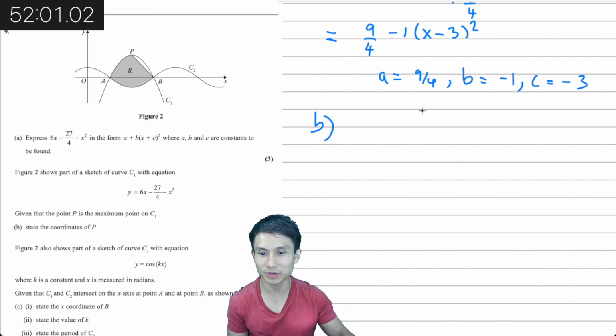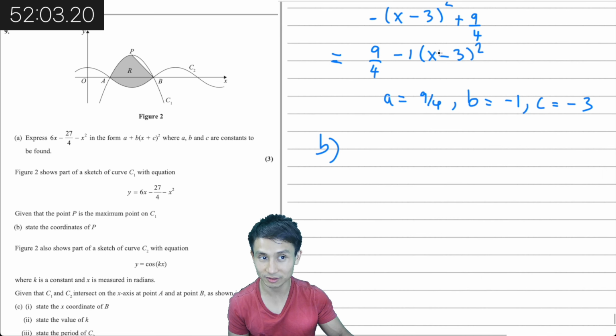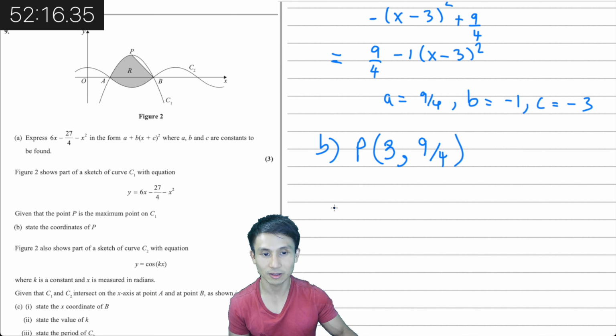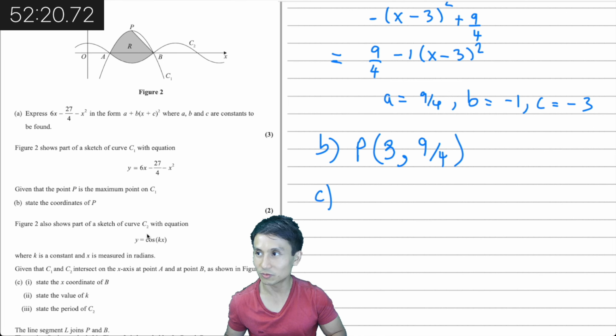The maximum is when x equals 3, and that's going to give you 9/4. So x equals 3, y equals 9/4. Okay, that's done.